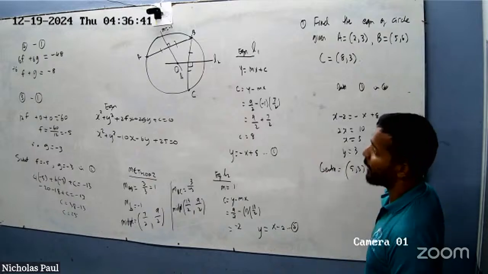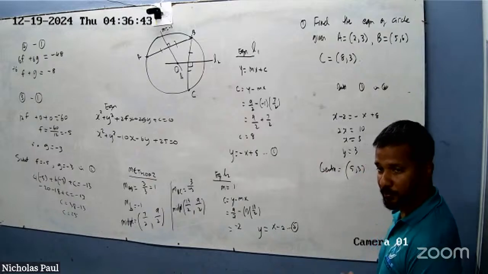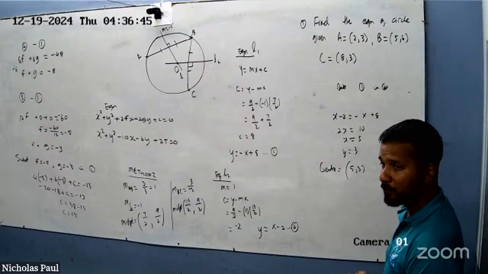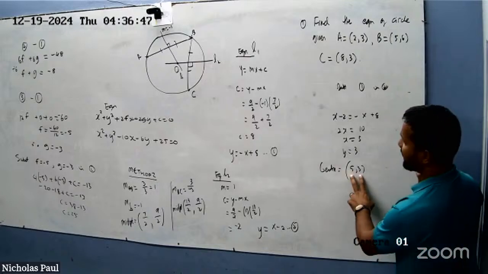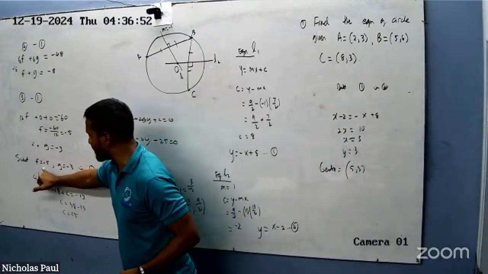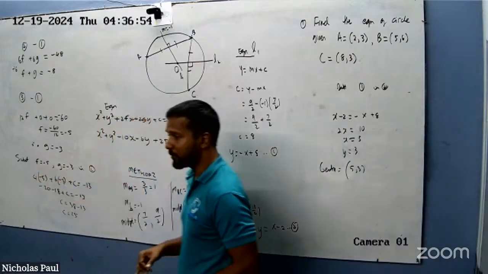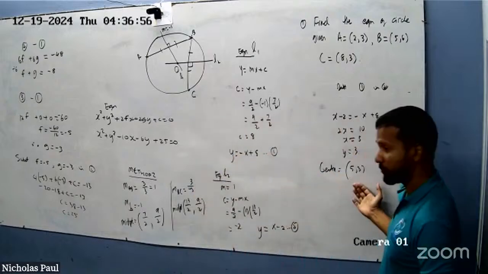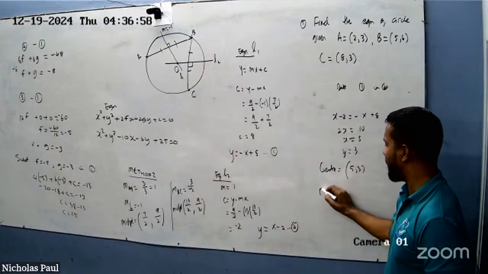And we can go right ahead and find the radius. That's okay? So I found the center 5, 3. That's the same values we have here, because remember the center is minus f, minus g, which is 5, 3. And then you have to go and find the radius.